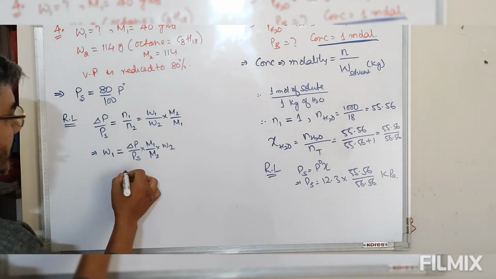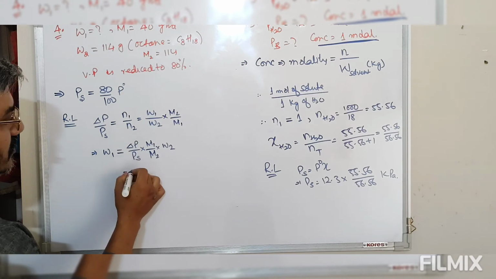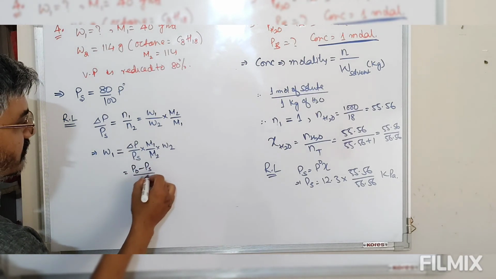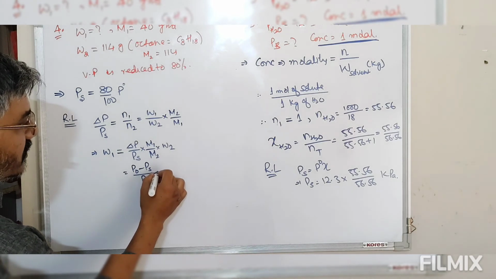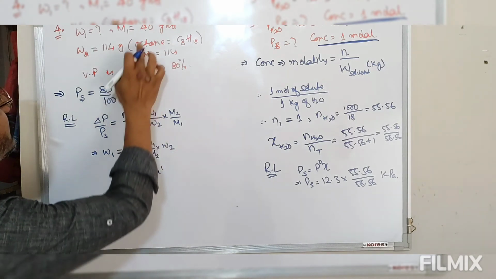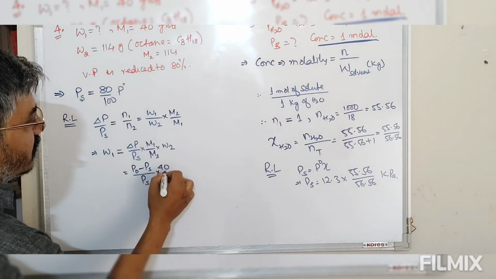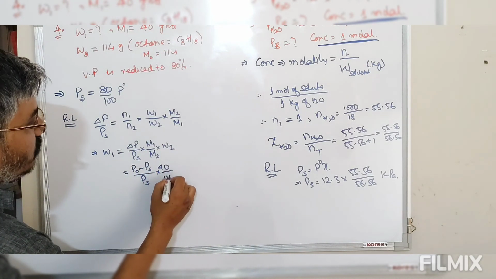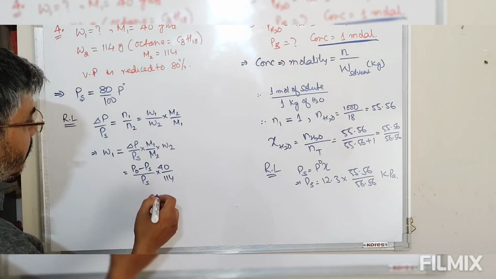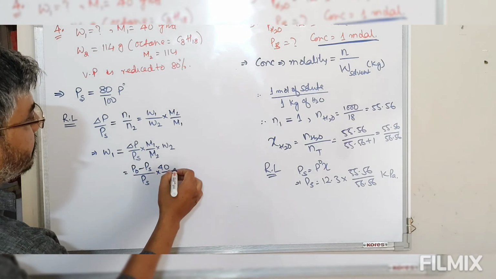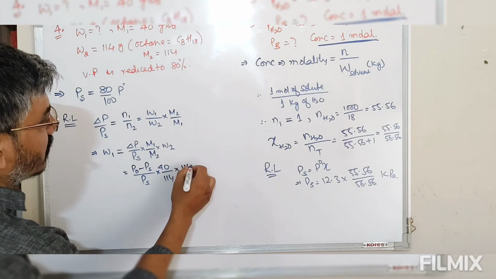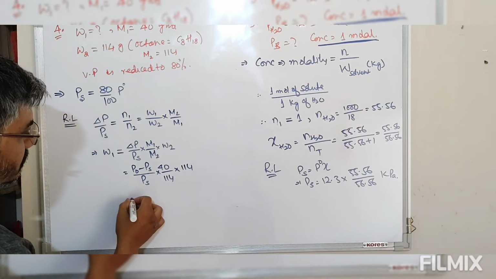So we have delta P. Delta P is P naught minus PS, divided by PS, into M1. M1 is 40, M2 is 114, into W2 which is 114.